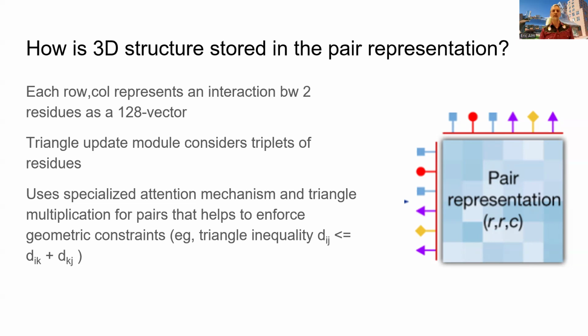How does that happen? Well, it happens in a few different ways, but mostly because one of the things that the model is being trained on is to predict the distances between those pairs of residues.